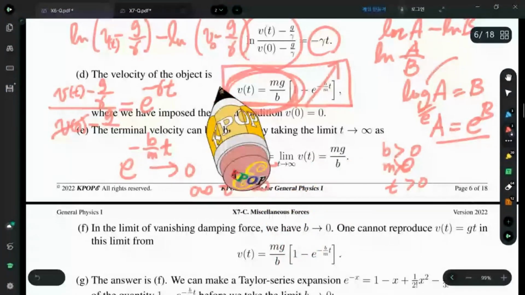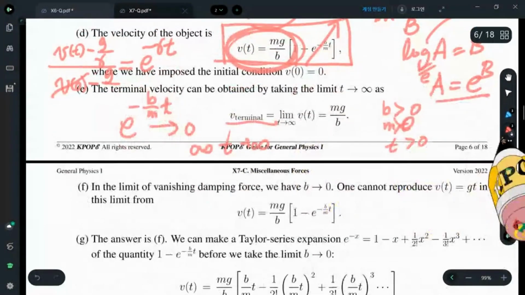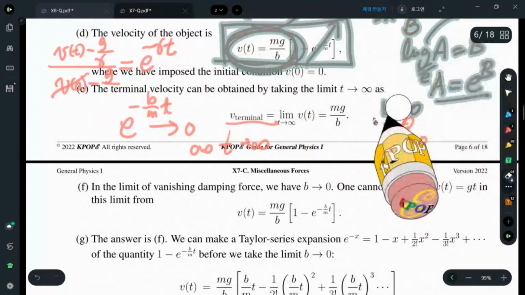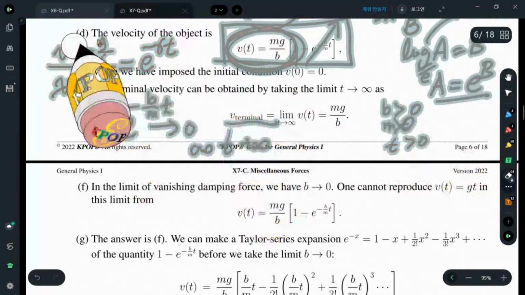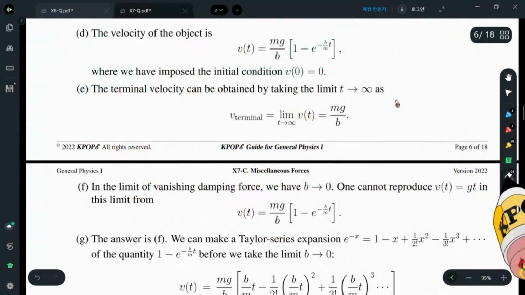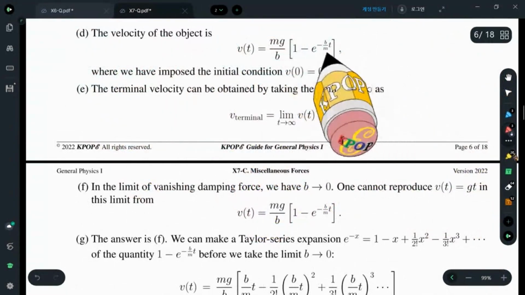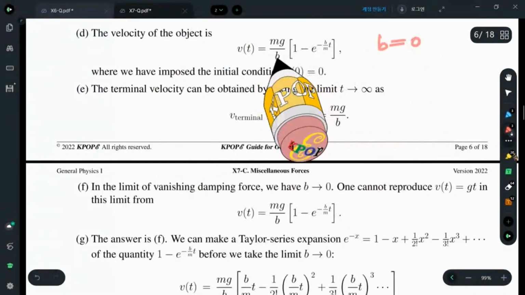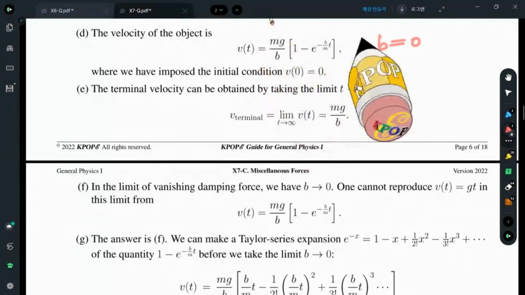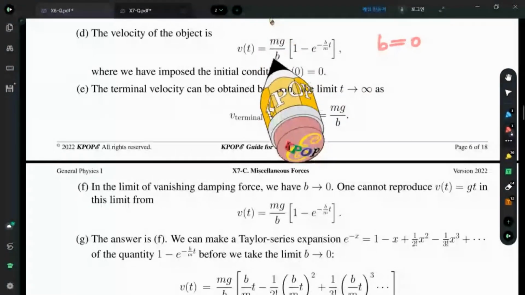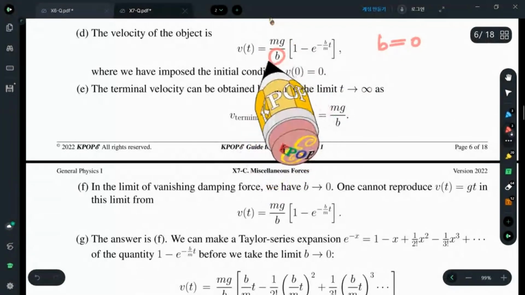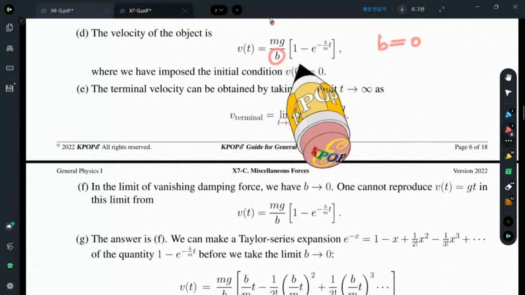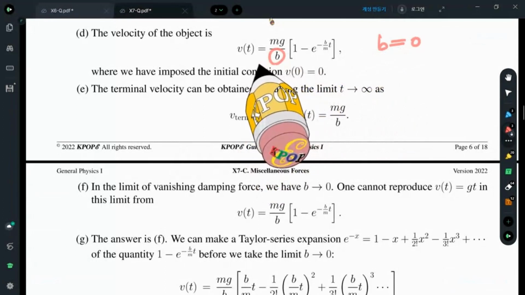Okay. Next, we consider whether it is possible to reproduce the original result without damping. If you first substitute b equals 0 directly, mathematicians or many students might think that, oh, it is not a well defined function because I cannot substitute b equals 0.